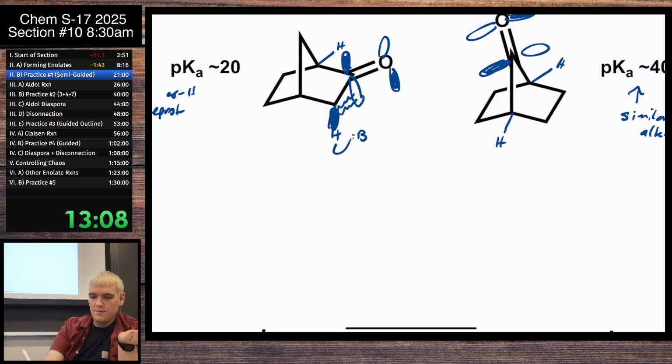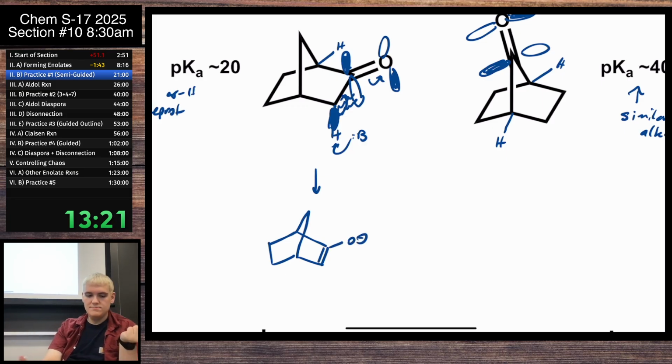So our base is going to come along and then fold the electrons in and up. And so we are going to be able to get this enolate. Now, why could we not do this one?